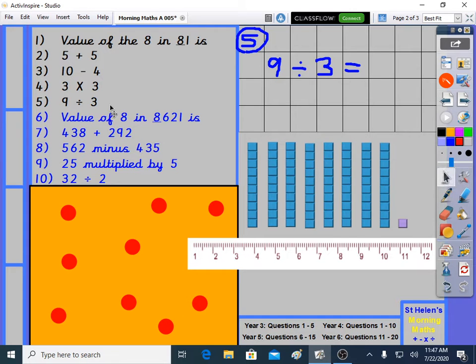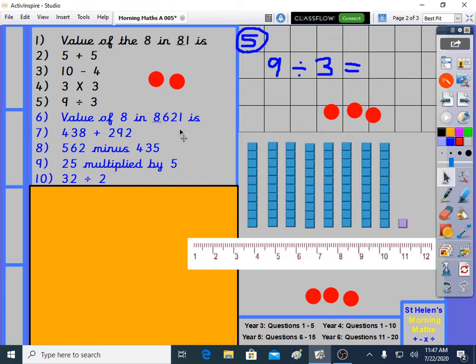I'm going to share them into 3 groups. So one group can go up here, one group can go over here, one group can go up here. So I'm sharing them out. 1 for you, 1 for you, 1 for you. So I took the 9 circles and I shared them into 3 groups.